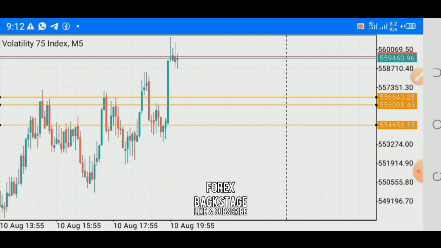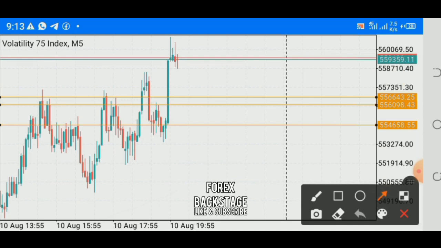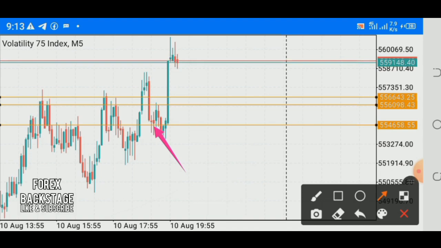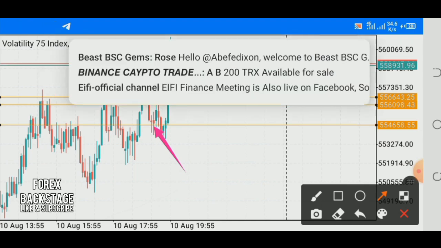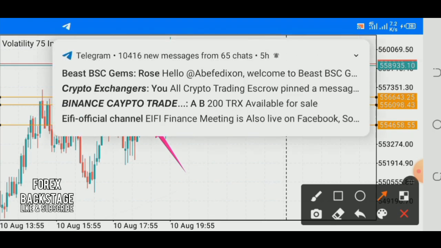I entered the buy because I've already seen with what is happening down here that the support is going to hold, because I'm seeing an area of value. They are consolidating. Once you see many candlesticks coming to that line and bouncing back, it's trying to tell you that this thing is going to hold. So that's why I placed my buy there, and we write the profit right there.